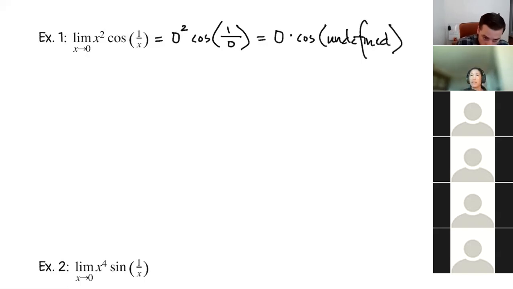If this is undefined, and then we're taking cosine of undefined, it doesn't seem like we're going to be able to get to a number. So this is a case where we've tried substitution and it's not helping us.